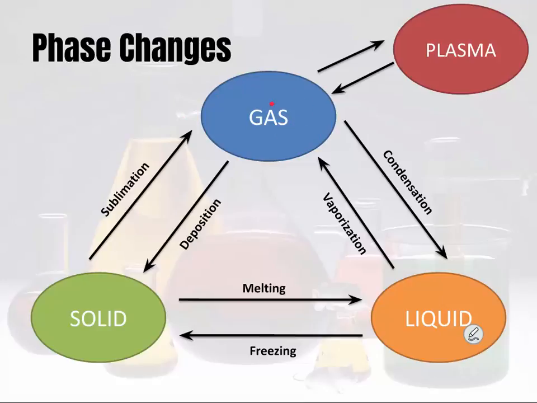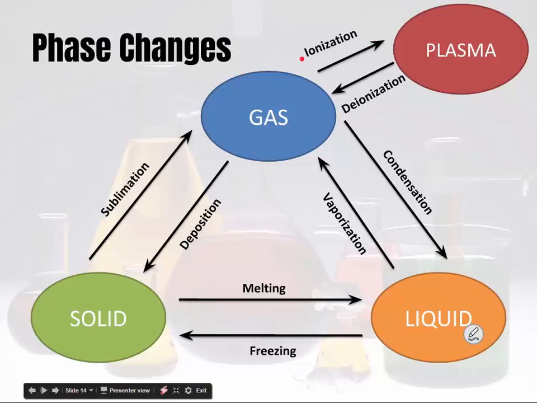Going in reverse, we call that deposition, depositing like a solid. And then another more unfamiliar one is turning into a plasma. Going into a plasma, we call that ionization, and in reverse is deionization. But again, we're going to focus mainly on the solid, liquid, gas. We don't deal with a lot of plasma.